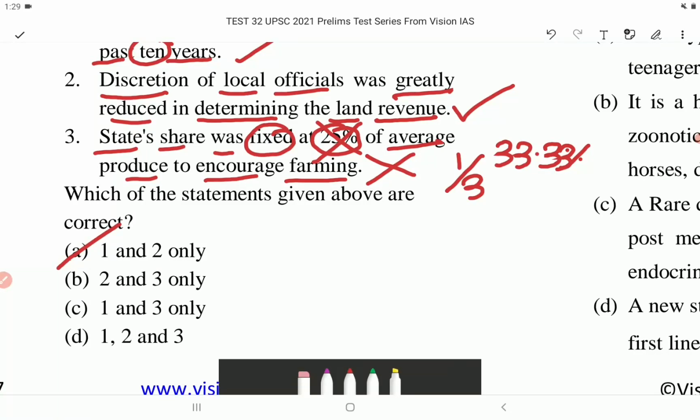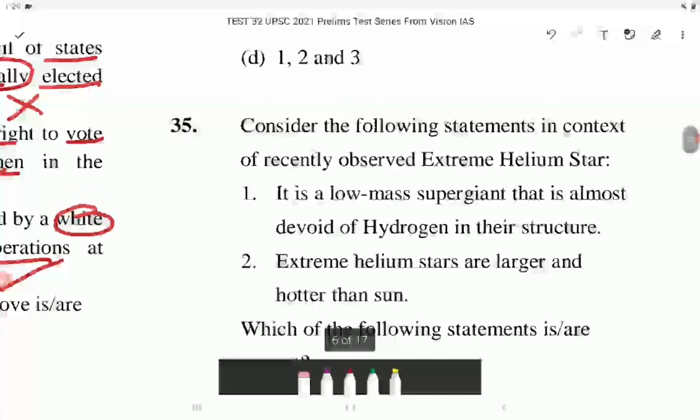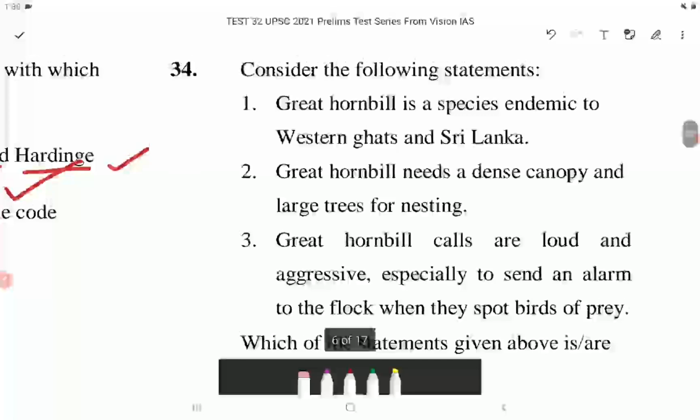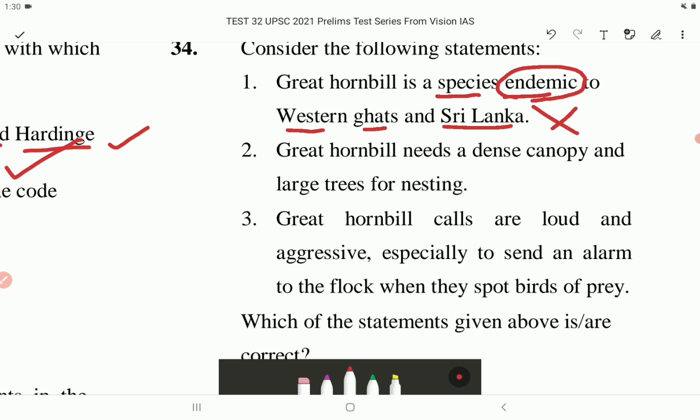Now let's come to the next question, that is question number 34. Consider the following statements. Statement 1. Great hornbill is a species endemic to Western Ghats and Sri Lanka. So it is endemic, it is only found in Western Ghats and Sri Lanka. This is incorrect.